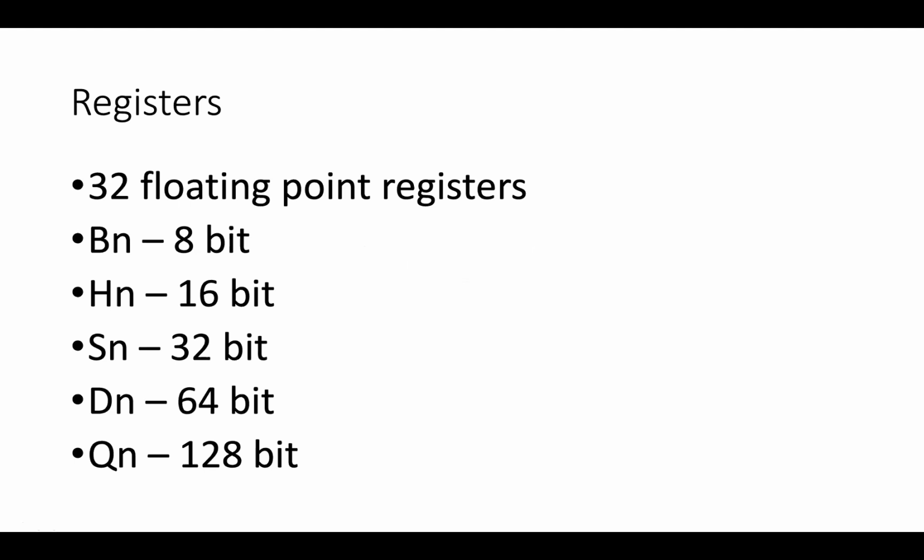You can get at them using B for 8-bit, H for 16, S for 32, D for double, and Q for quad. When you start looking at the NEON vector instructions, then you use a Q register, and you could be delineating it as 2 doubles or 4 single precision numbers. So you really do use all 128 bits once you start getting into NEON.